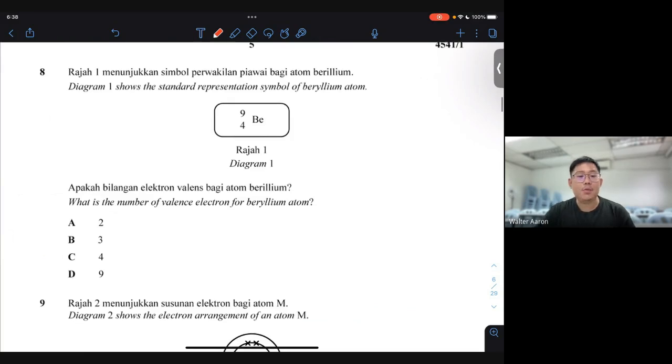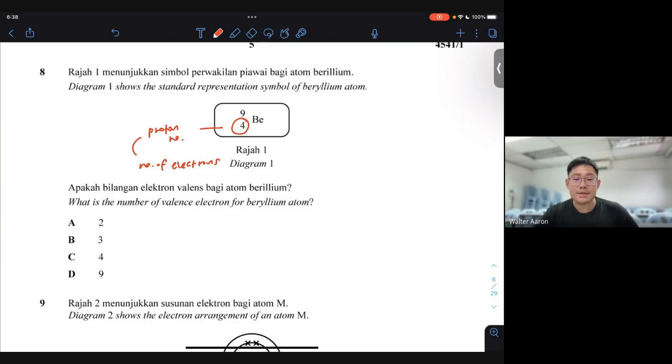For number 8, diagram 1 shows the standard representation of the symbol of a beryllium atom. So what is the number of valence electrons in the beryllium atom? The smaller number is usually referred to as the proton number. And the proton number is also equivalent to the number of electrons. So meaning to say the number of protons and number of electrons is the same for a neutral atom.